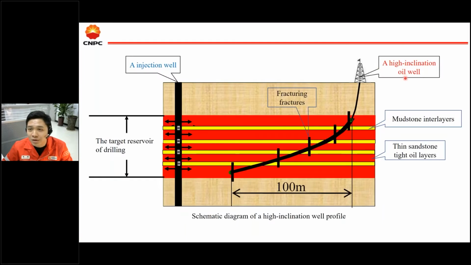A high-inclination well is a well that crosses the oil and gas target zone at a large angle in oil development.